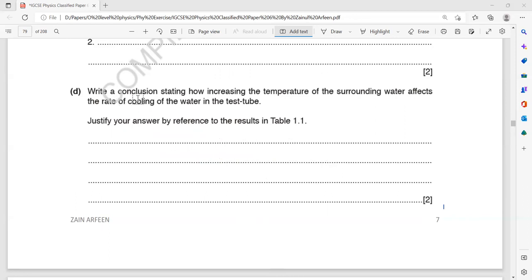And write a conclusion. What we conclude is, if there is a greater difference between the surrounding temperature and the temperature of the water, the rate of cooling is higher or faster.